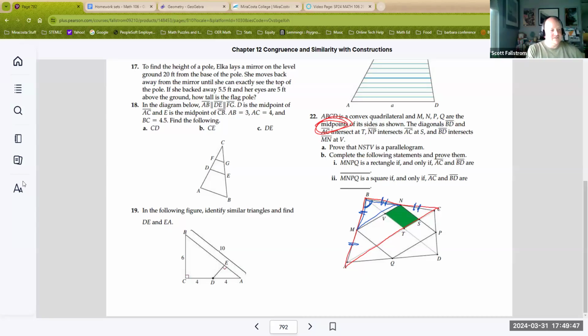If I have side angle side similarity, then what do I want to do? I'll do purple. Then this angle right here is the same as this angle right there, which means line VN is parallel to line ST. And if I'm trying to prove it's a parallelogram, that's one step. Repeat for the other triangle up top, and you will have it.